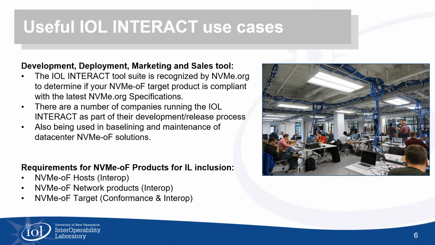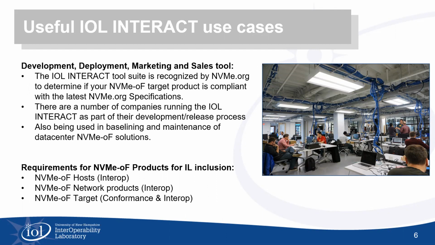Now, in order to get on the integrators list at the bottom, you'll see that for hosts in an actual Fabrics environment, you need to perform and pass the interop tests that are in the interoperability test suite. And also, if you're a network product, such as a switch or a router, you need to also pass the interop.